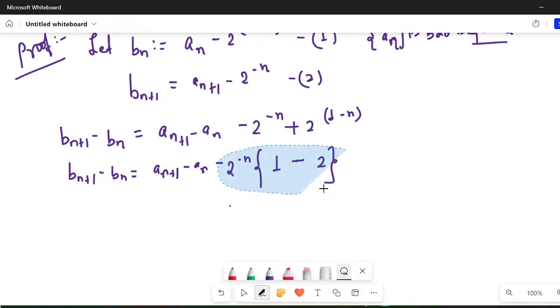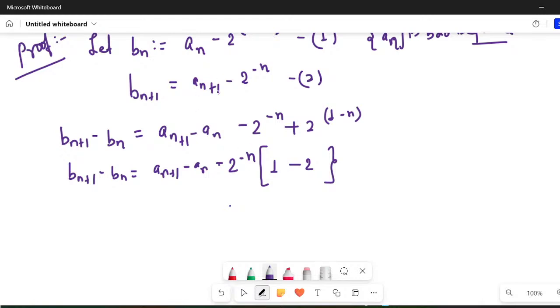If I take minus 2 raised to power minus n common out, I'll get 1, and here I will get minus 2.